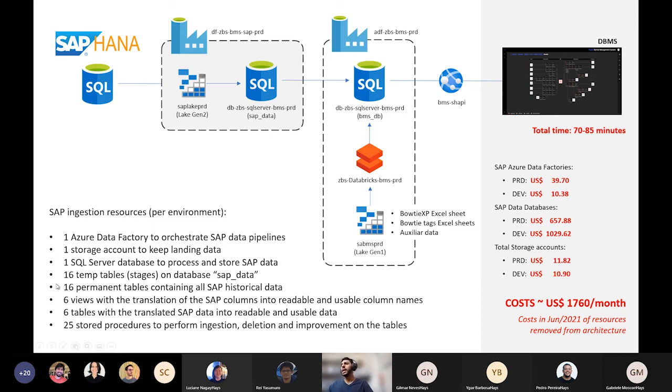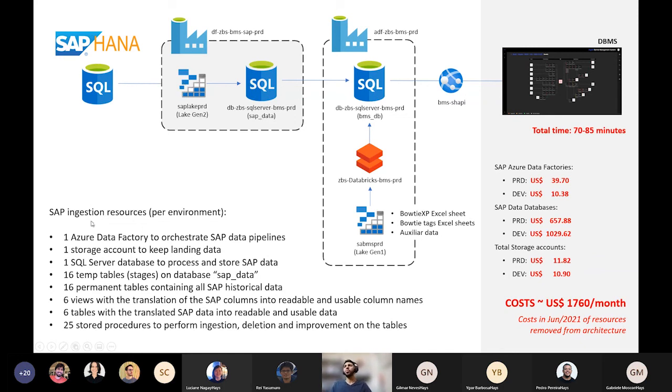So there were large stage tables here on the database. We had 16 temporary stage tables and 16 permanent tables storing all the history of the data that was also on this file system storage.